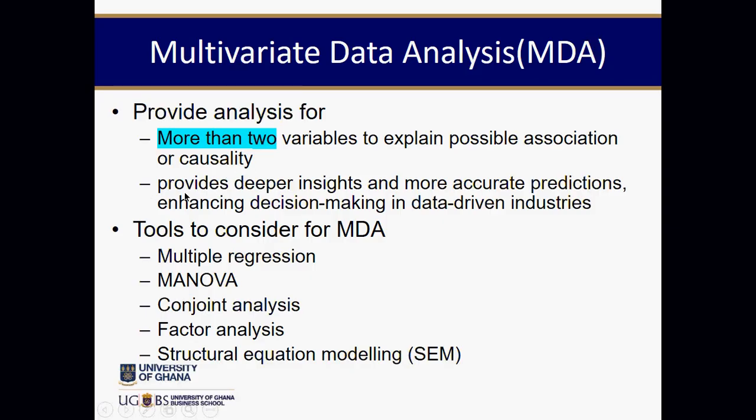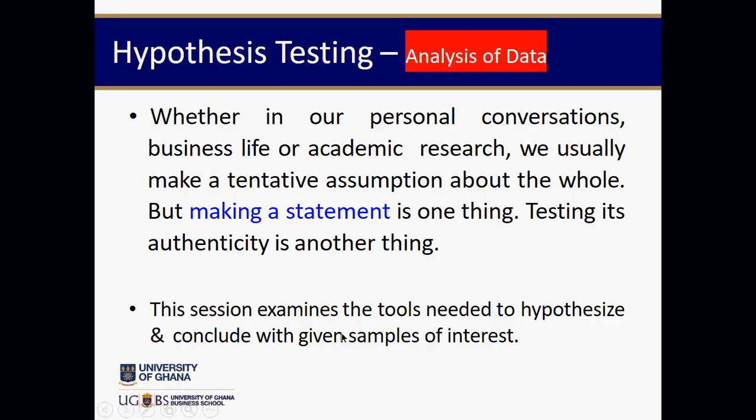It provides deeper insights and more accurate predictions, enhancing decision-making in data-driven industries. Tools to consider for multivariate data analysis include multiple regression, MANOVA, conjoint analysis, factor analysis, structural equation modeling, and the like.